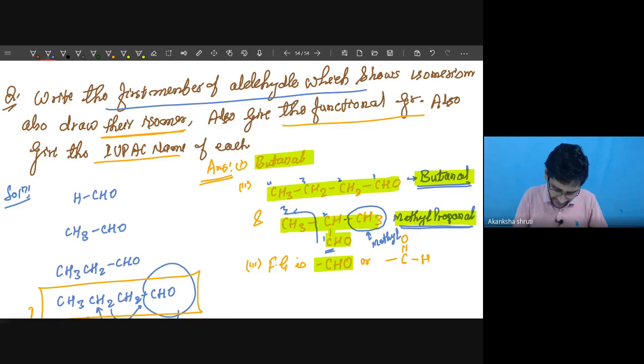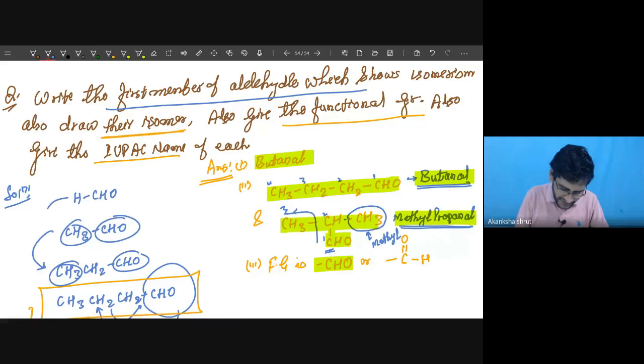Observe here, students. It is CH3CHO present here. While moving from the first member to the second member, or even the second to the third, what are we observing? Only this CH2 is being added.